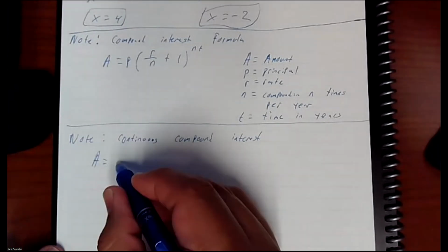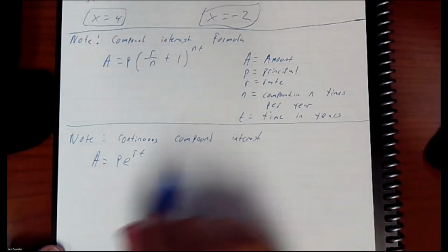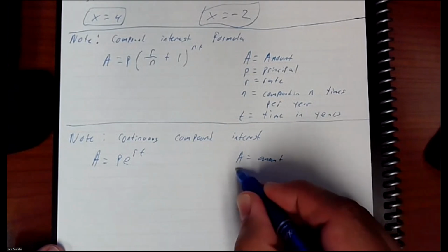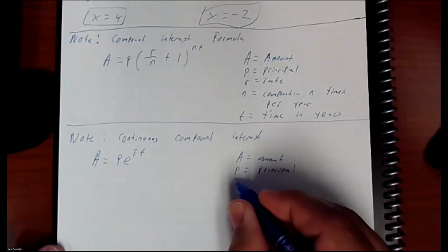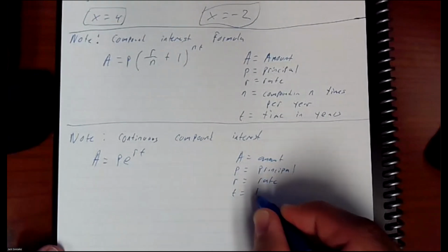A is equal to P times e to the rt, where A is still amount, P is still principal, nothing changes. R is rate, T is time.